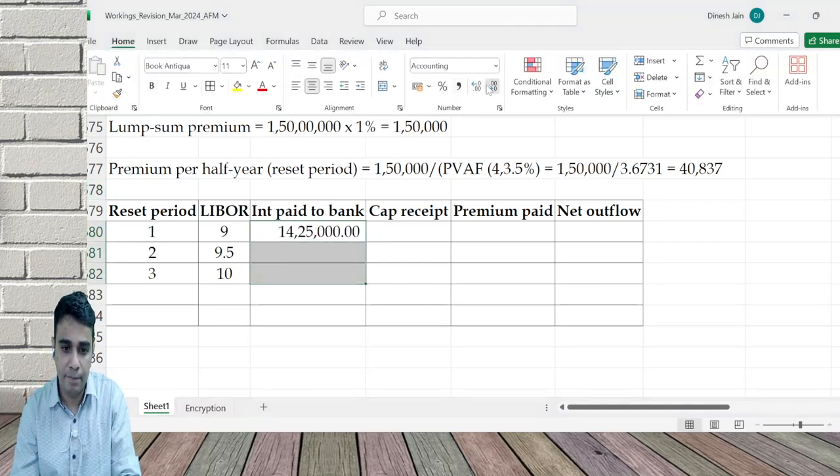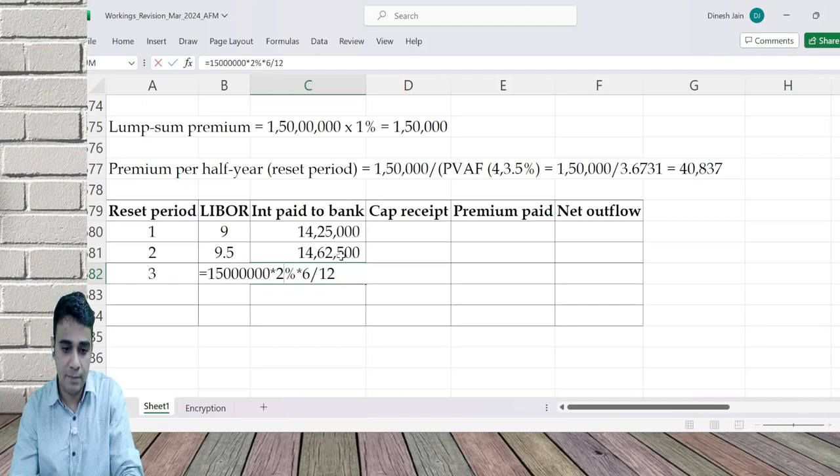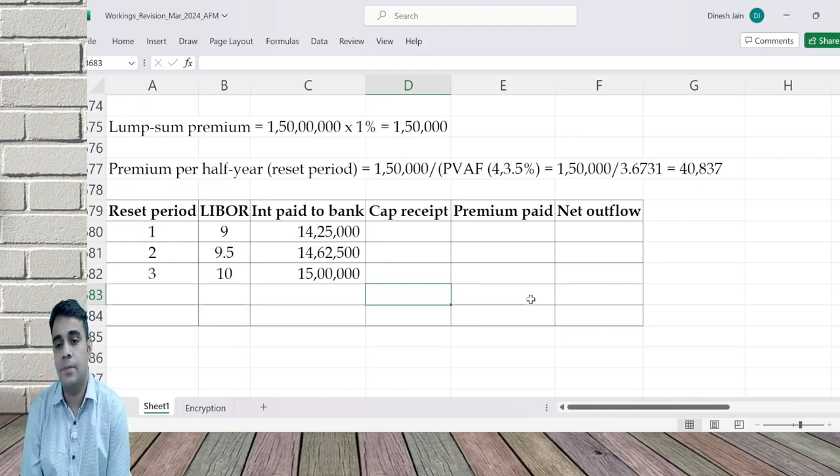Then you have to pay 19.5%, and last you have to pay 20%. It's a huge rate, but I can't help it. The question is talking about such rates: LIBOR plus 10%, so I'm paying the higher rate.